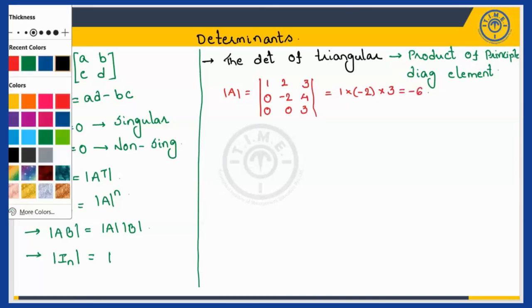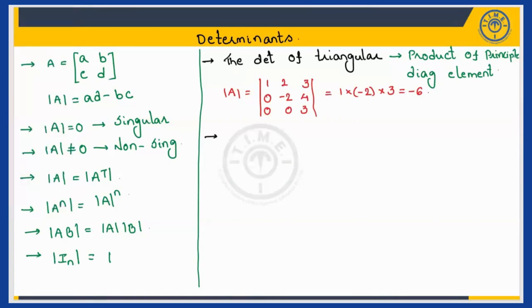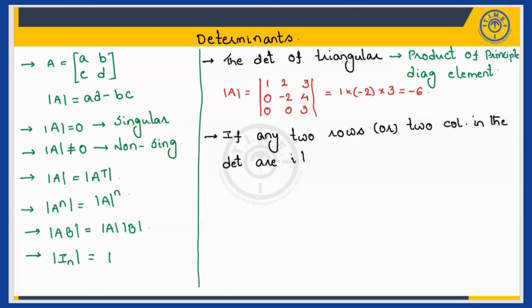Now again, if any two rows or two columns in the determinant are identical, then what is the value of the determinant?